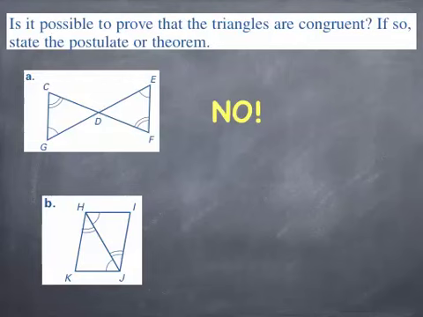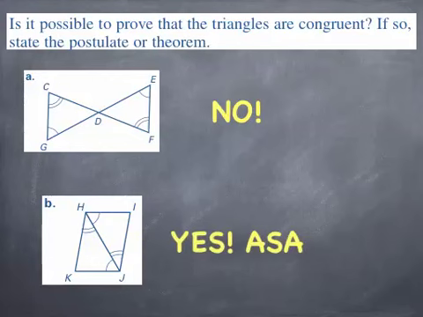So I can use the angle-side-angle congruence postulate to say that these two triangles are congruent. Notice it is angle-side-angle because the known side that is congruent between the two triangles is included between the two angles that we know are congruent in the two triangles.